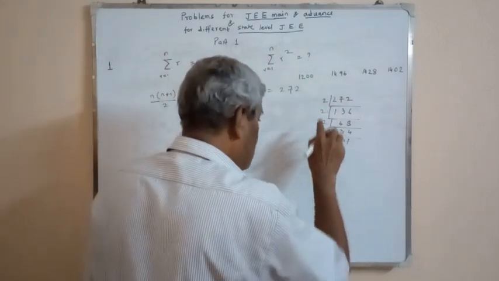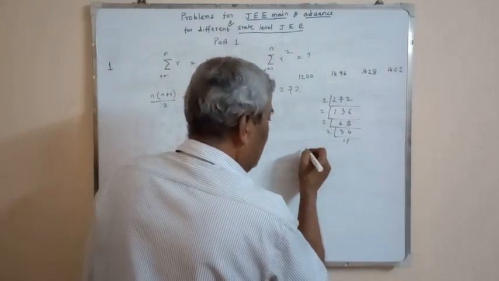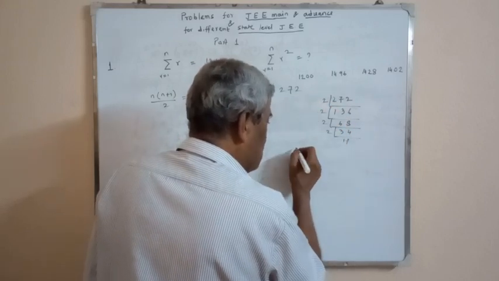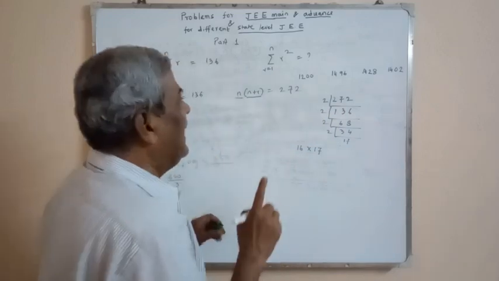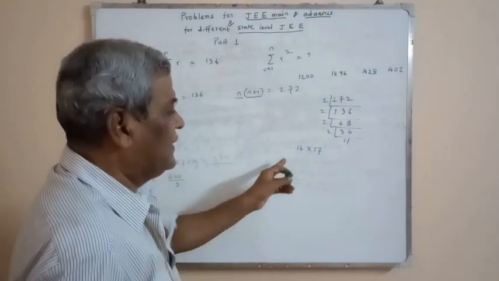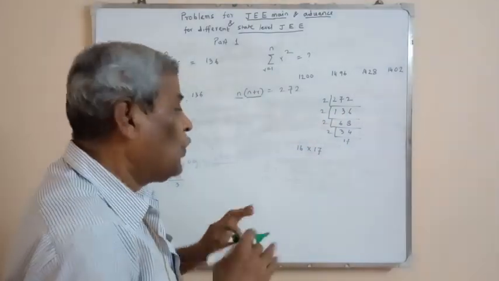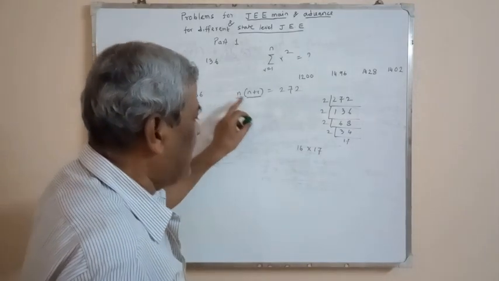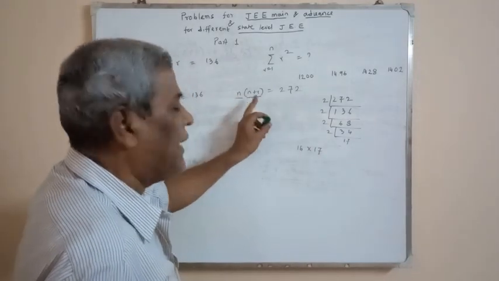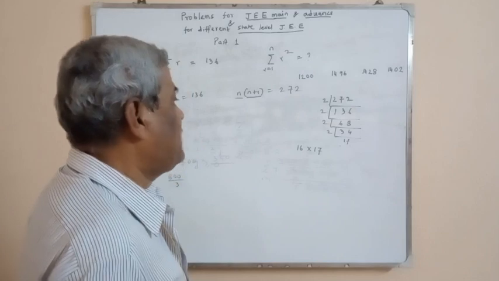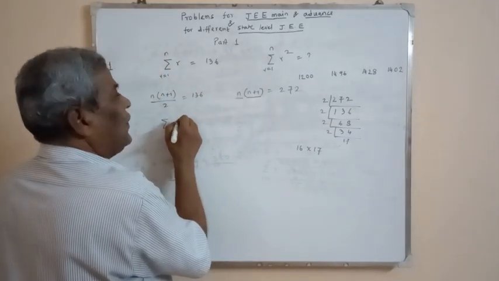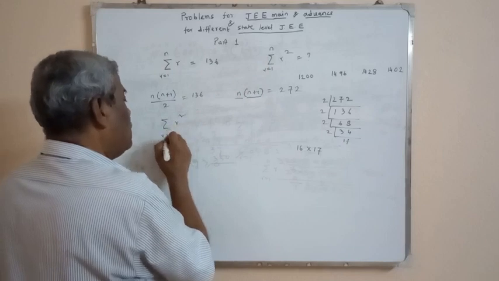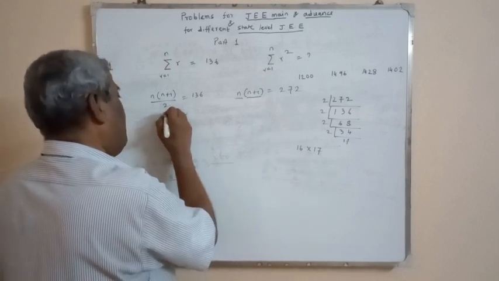You see, this is actually equal to 16 into 17. Mentally, I think this can be calculated, 16 into 17. So we get n is equal to 16 and 17 is n plus 1. So n is 16. So our answer is sigma r square, r is equal to 1 to n, with n equal to 16.